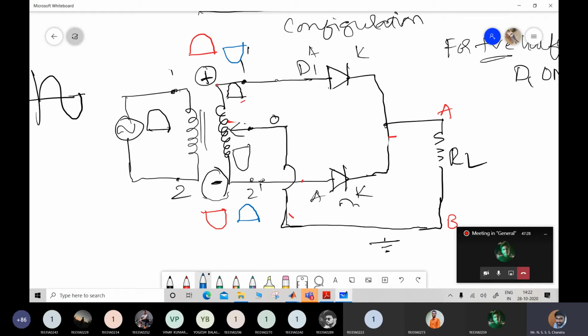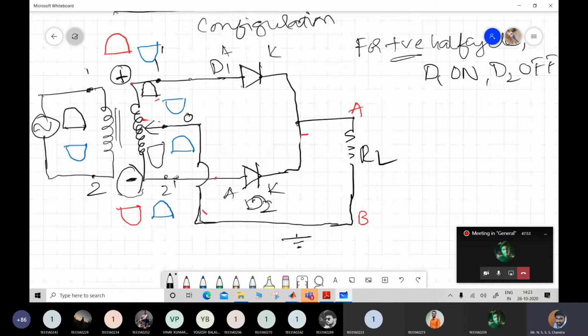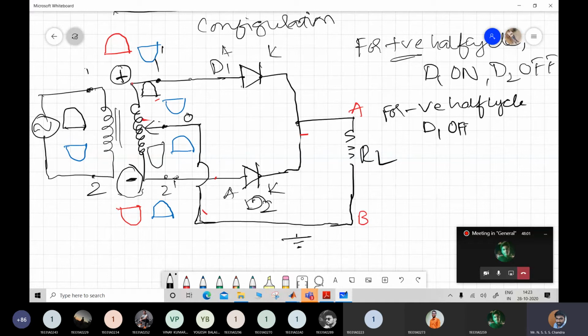So for the negative half cycle of the input, the top terminal of the secondary of the transformer will be having the negative half cycle, whereas the bottom terminal of your transformer will be having the positive half cycle. So now for the negative half cycle, your diode D1 will be off, diode D2 will be in on condition.